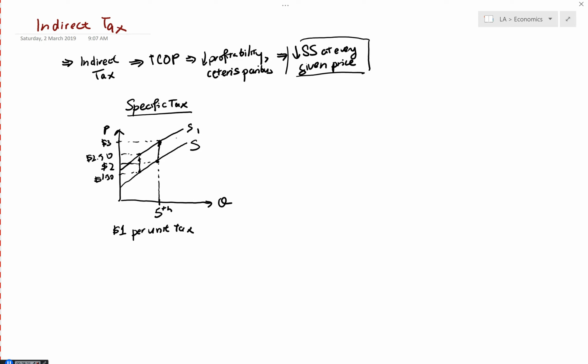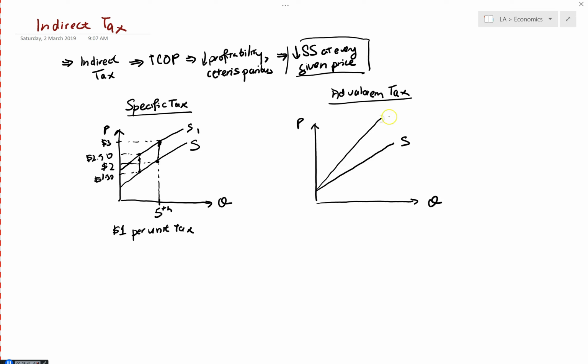Then the other one is ad valorem tax. So if it's ad valorem, it will pivot out. A percentage tax is always a percentage.